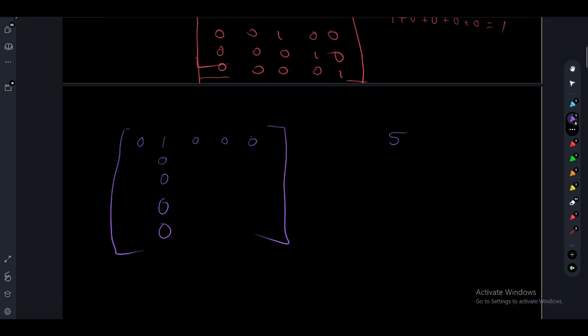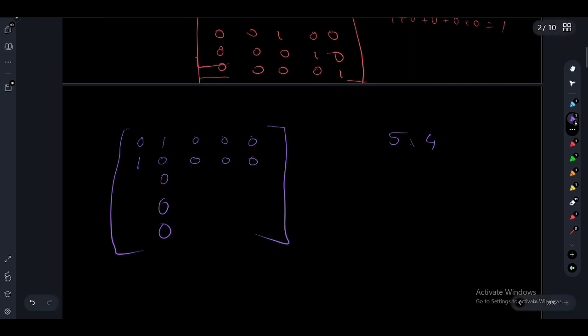So how many ways can we put 1 in the second row? Obviously there are 4 ways. If we use 1 in some place, all the other places must be 0, because the addition of all elements in the second row must be 1. So we have only 4 options.